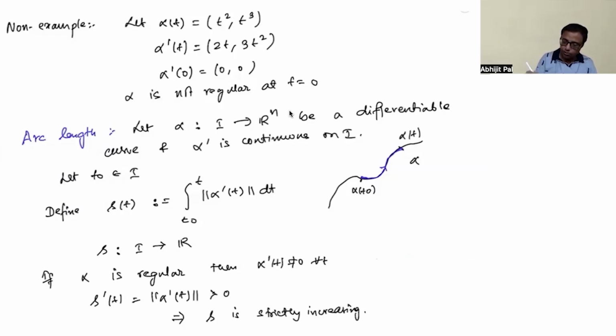Sometimes we call this s the arc length parameter. We'll see in a moment why we call s the arc length parameter. We will now be doing reparameterization of a curve.